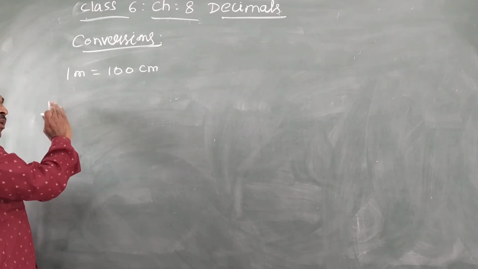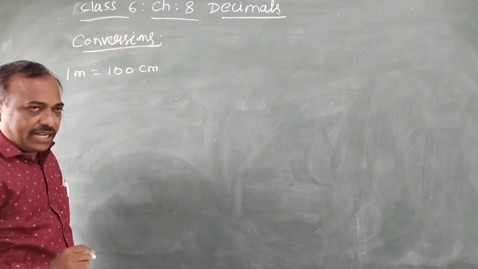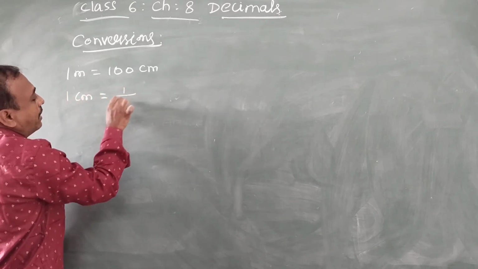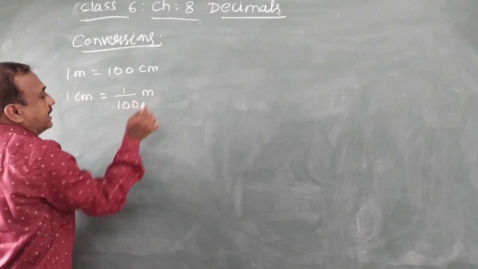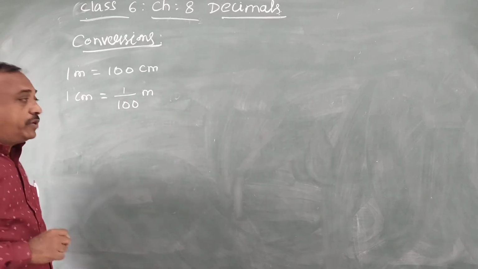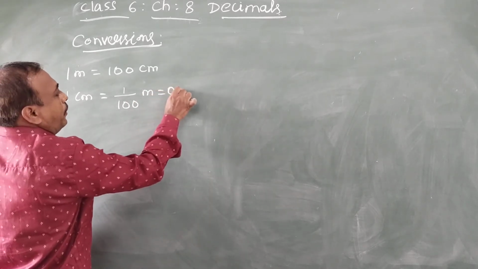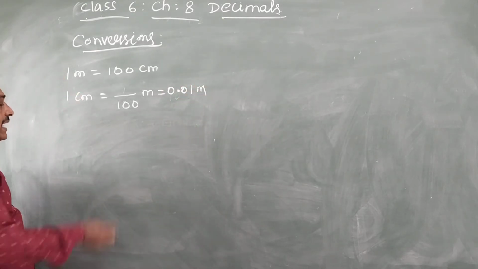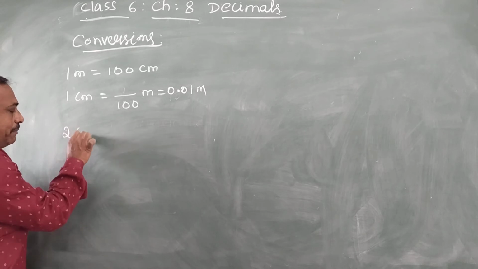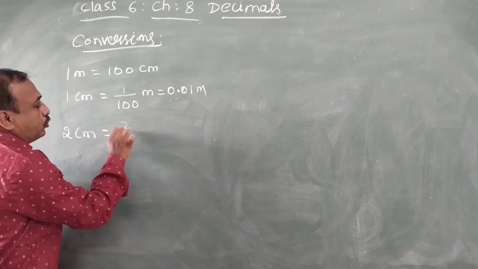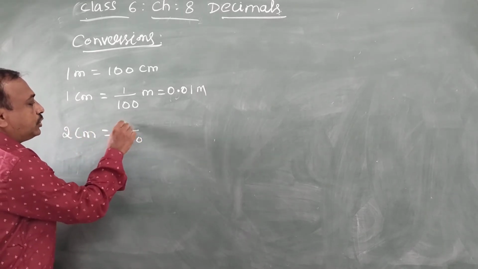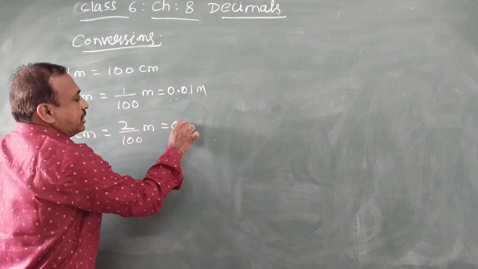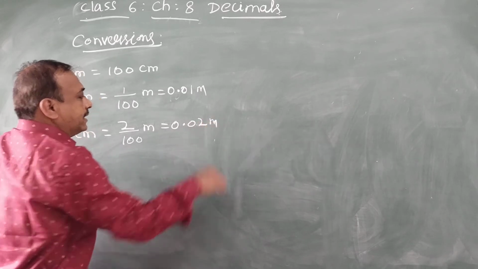Now if we want to convert the smaller quantity into the bigger quantity, then 1 centimeter is equal to 1 by 100 meters, which we write as 0.01 meter. Suppose we write 2 centimeters, then 2 by 100 meters, which is equal to 0.02 meters.